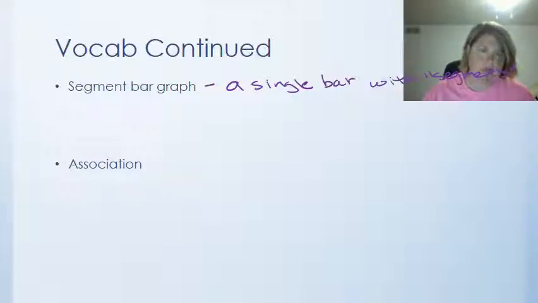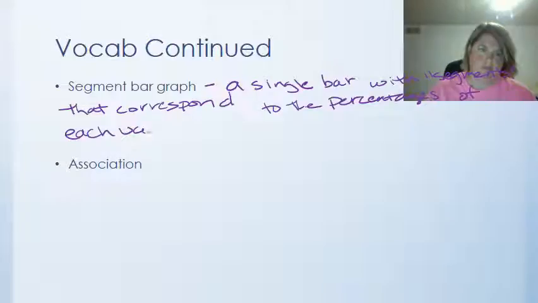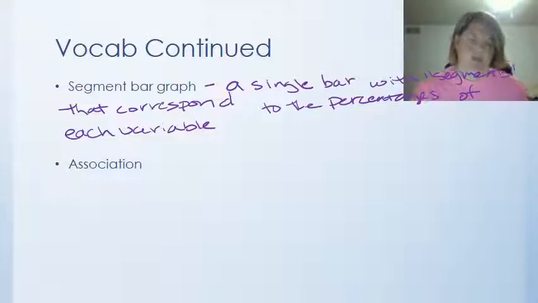So segments that correspond to the percentages of each variable. So basically like a pie chart, but in a bar. So if two variables take up 50% altogether, then one would be half the bar, the other one would take up the other half of the area of the bar.